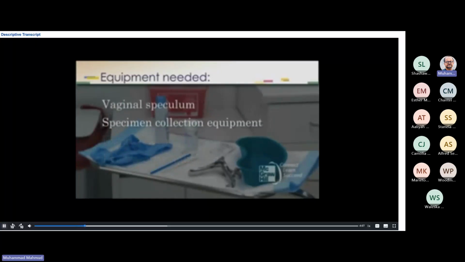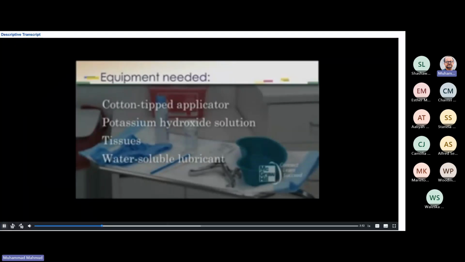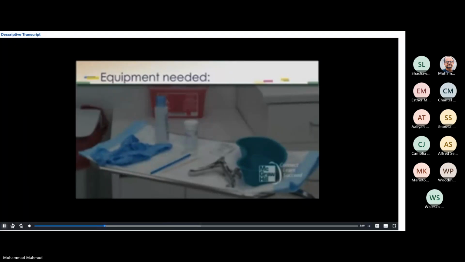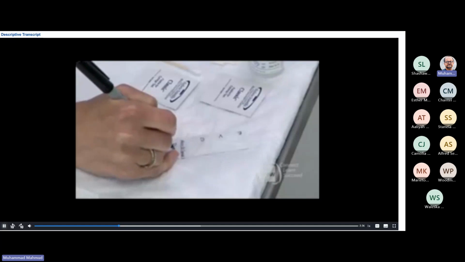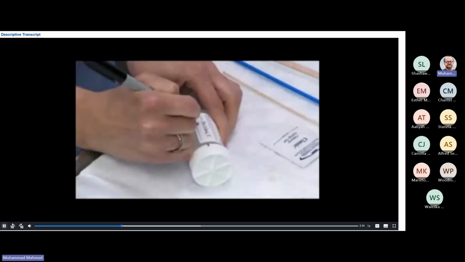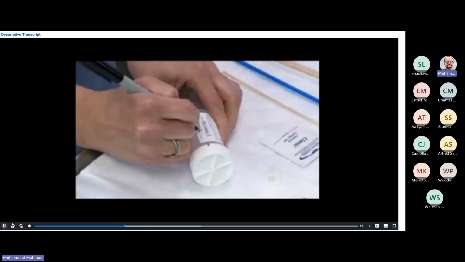Vaginal speculum, specimen collection equipment, including cervical brush, cervical broom, and/or scraper, cotton-tipped applicator, potassium hydroxide solution, tissues, water-soluble lubricant, exam light, microscopic slides, thin layer collection vial, fixative, and a pen or pencil for notes. Correctly label the slide and/or the collection vials to avoid confusing one patient's sample with another.